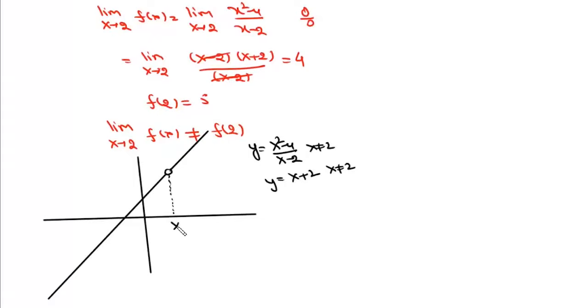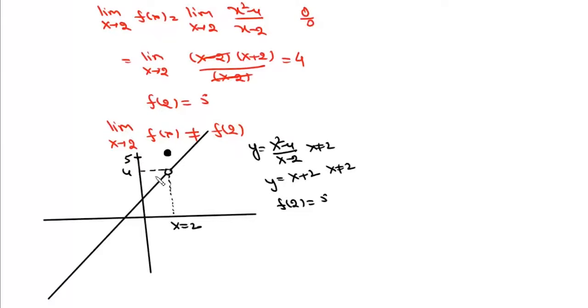And this point is x equal to 2. And at 2, its limiting value is 4. And we are given that when x is 2, value of this function is 5. So at 2, value of this function is 5.